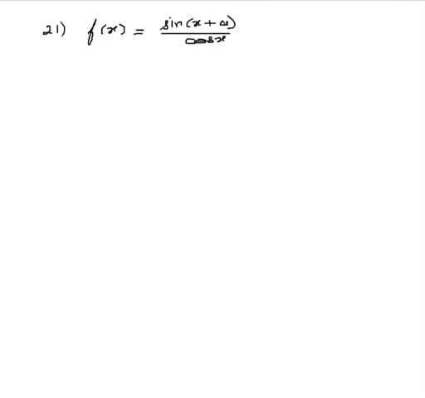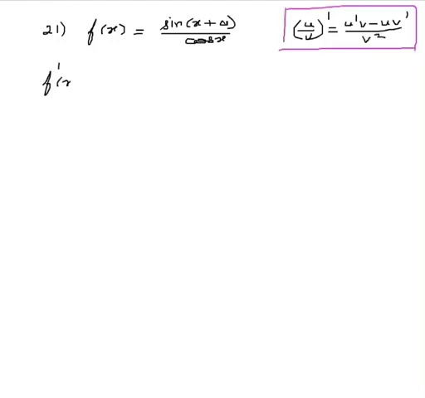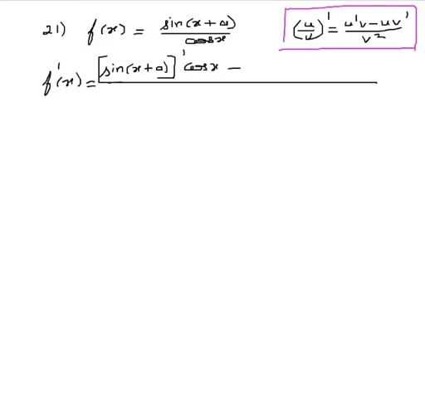Again, quotient rule. f dash of x is equal to u dash, that is sin of x plus a the whole dash, times v, which is cos x, minus u, which is sin of x plus a, and v dash, which is cos x dash, divided by cos square x.